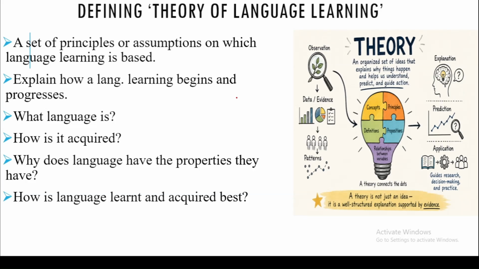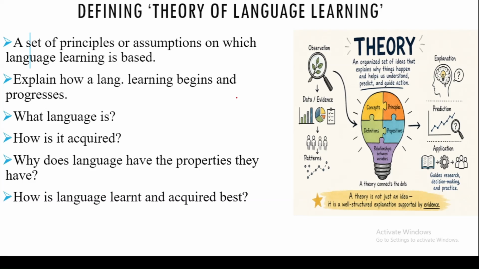Now let's discuss what a theory of language is. A theory of language is a set of principles or assumptions on which language learning is based. So in short, a set of principles or assumptions on which language learning is based is a theory of language learning.